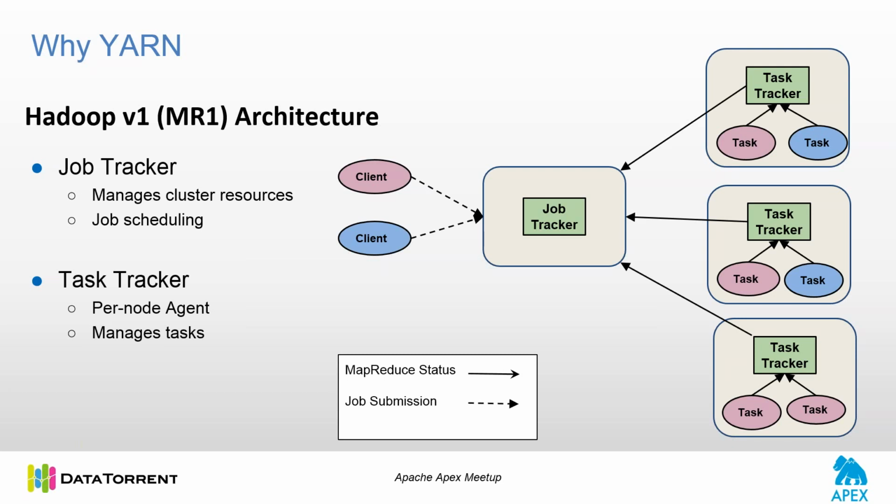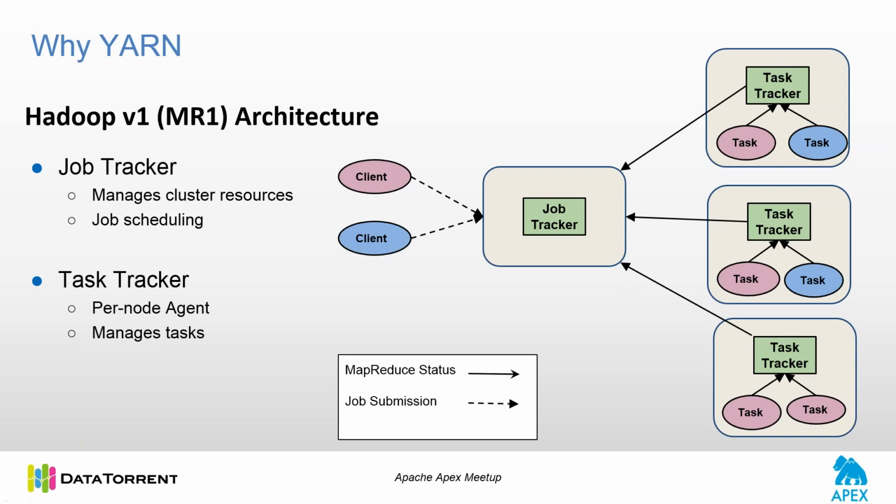And in the reduce phase, the output of these map tasks will be consolidated to give you the final output. And to run these MapReduce jobs, Hadoop has provided some architecture, which looks something like what is shown in this diagram.